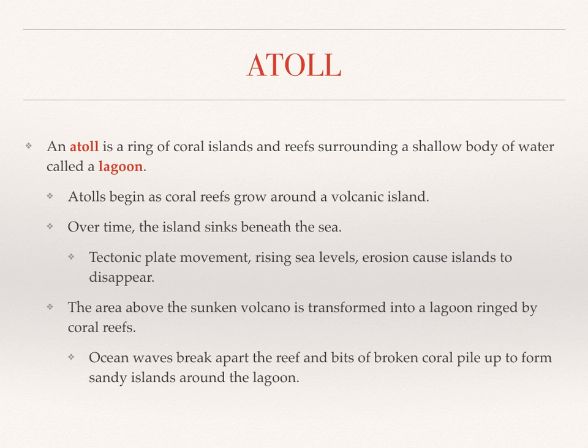When the island goes beneath the sea, the area above the sunken volcano we call a lagoon now, and the lagoon is ringed by these coral reefs. What happens then is that ocean waves break apart the reef and bits of coral pile up to form sandy islands around the lagoon.